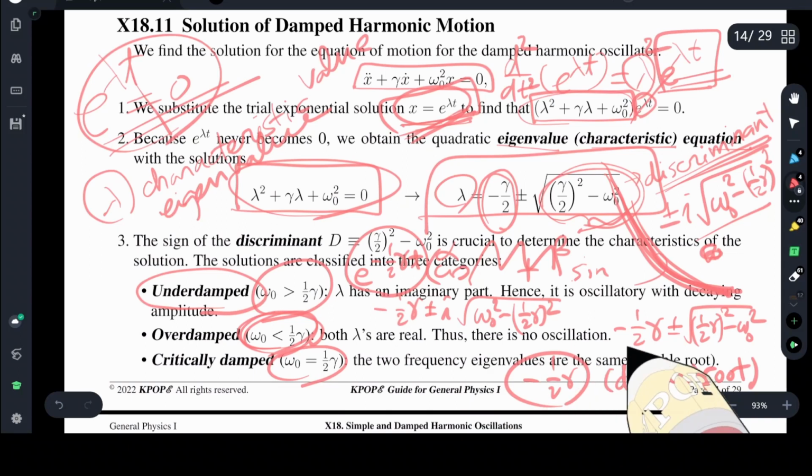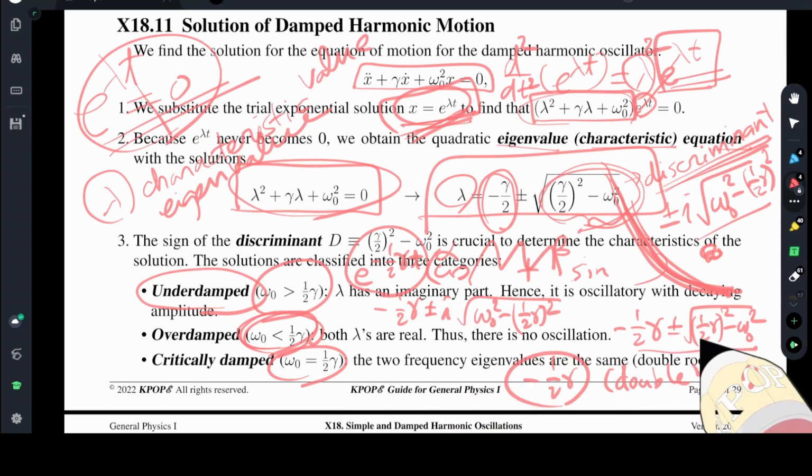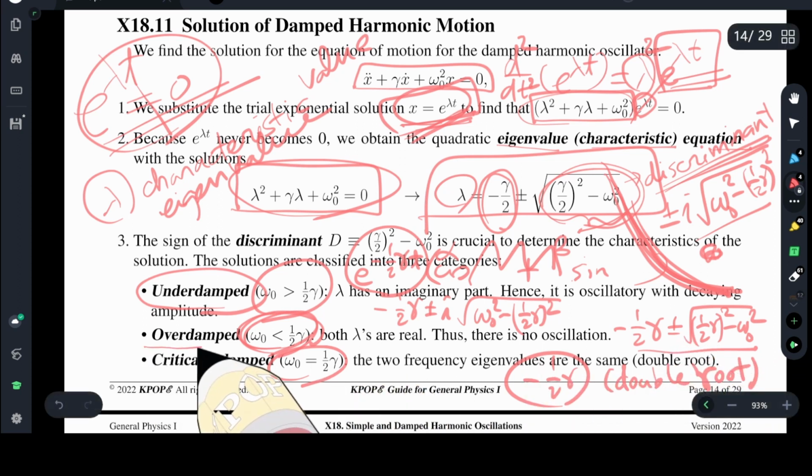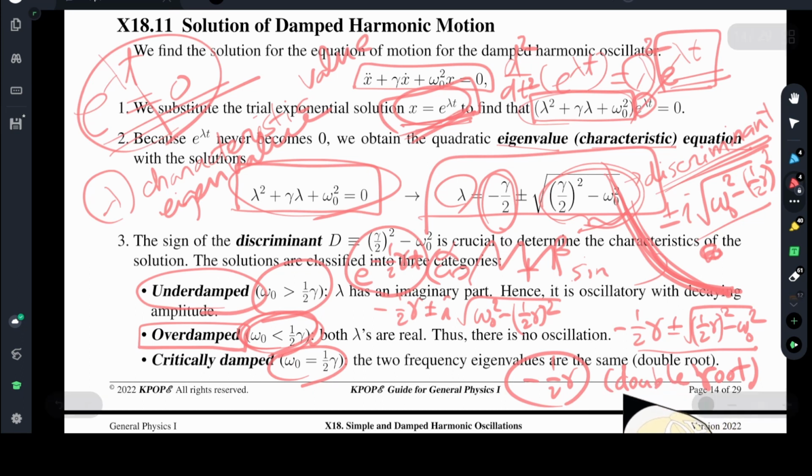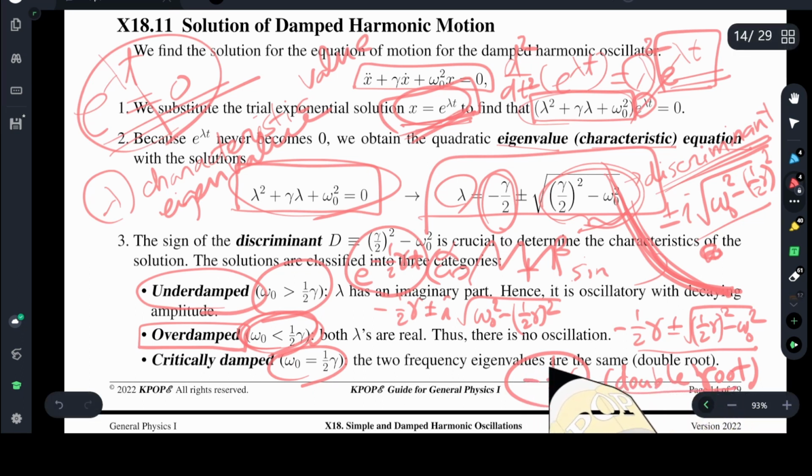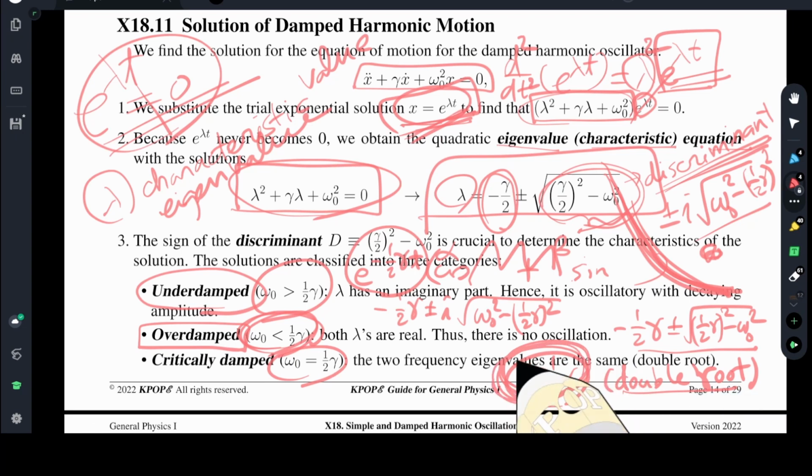Next one, there is no oscillation. It is an exponentially decaying function only. So we say that the damping is very strong. That's the reason why it is called the overdamped case. If it is a double root, then only a single root is apparent, so we have to find the second solution.